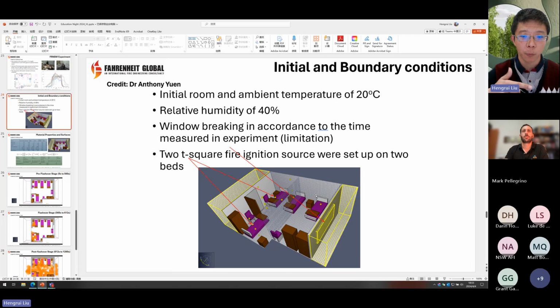For example, if we know that the window will break at a certain temperature, we can allow that to happen in our current model as well. So if we know it's going to break at 300 or 400 degrees C measured at the window, we let the window break at 300 or 400 degrees C.